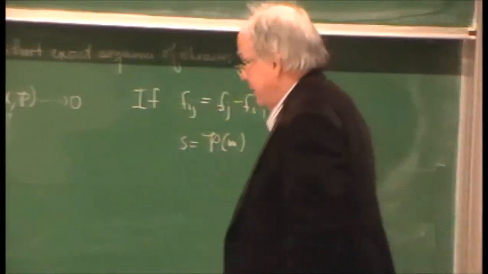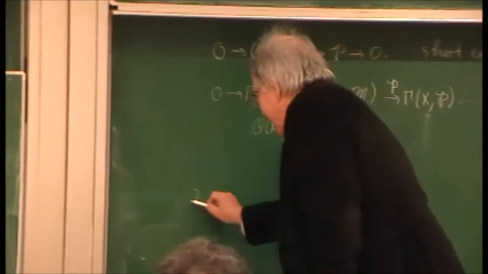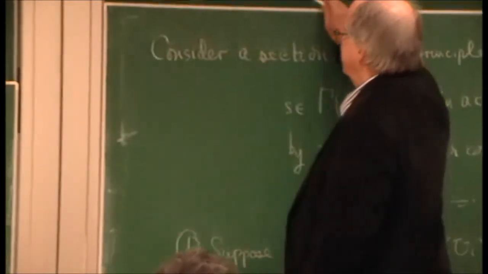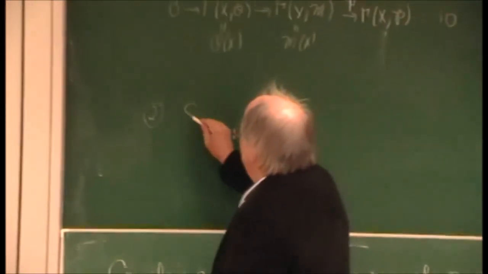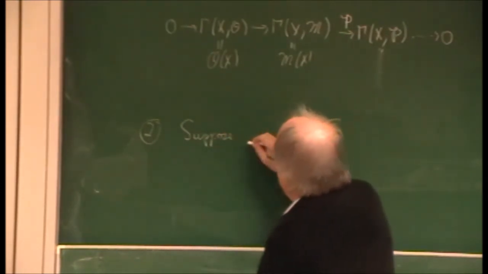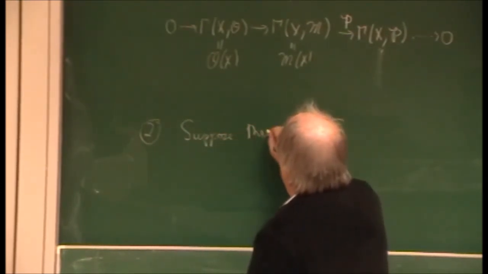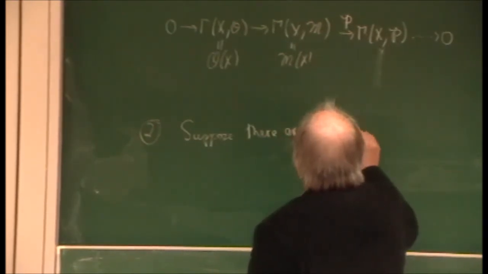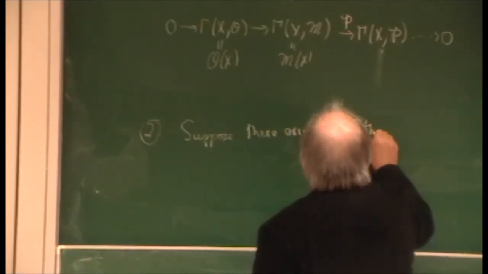Okay. Let's look at 2. Other way around. It's completely silly, but it's good to write it down. Suppose there is an m which has the right principal part.